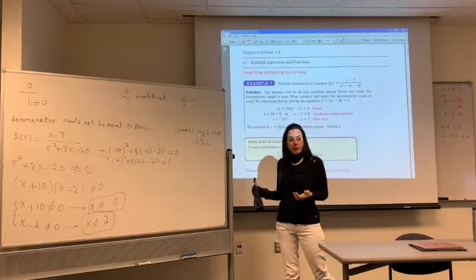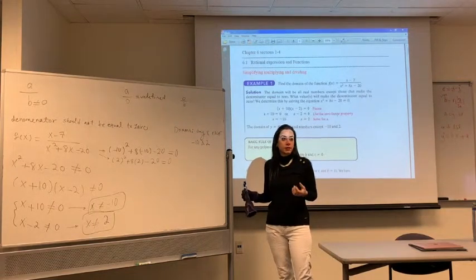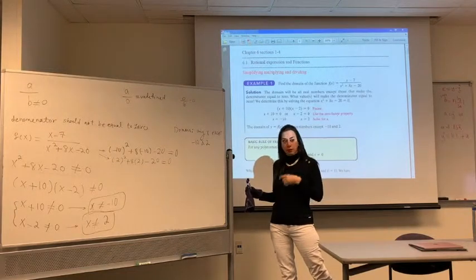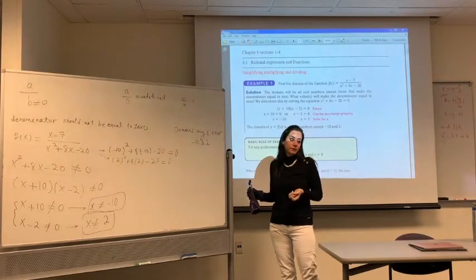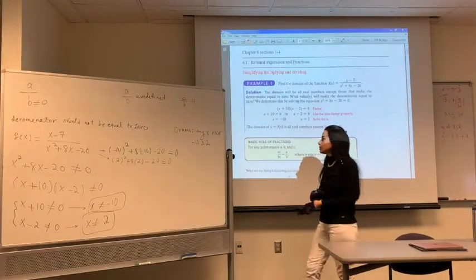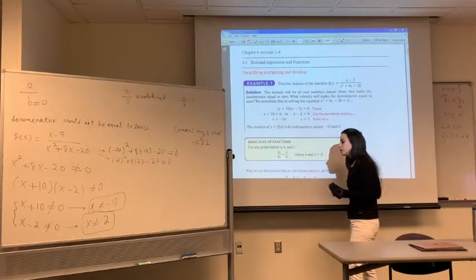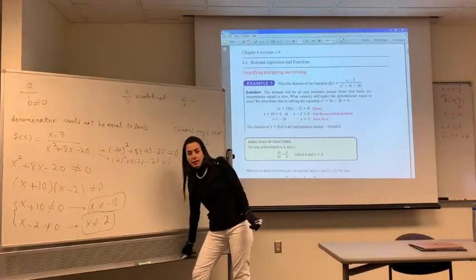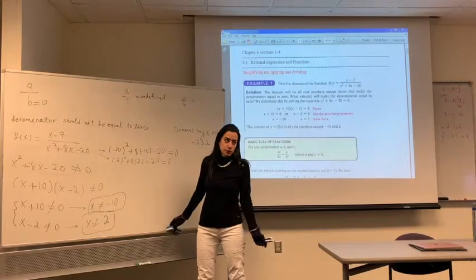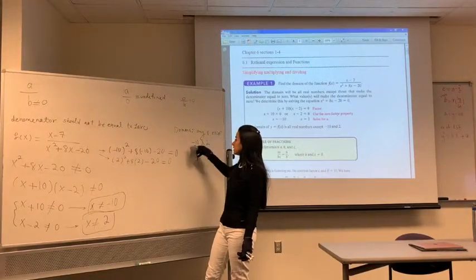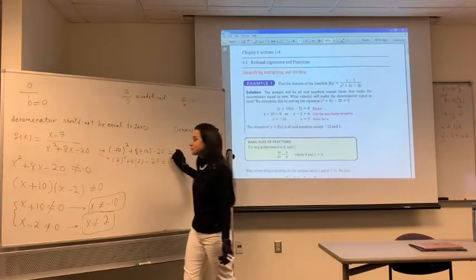Why can we not accept negative 10 and 2? Because that makes the whole thing undefined. So when I ask you what is the domain of a function, you should find the possible values for x. And here these are the possible values of x except these two, right?